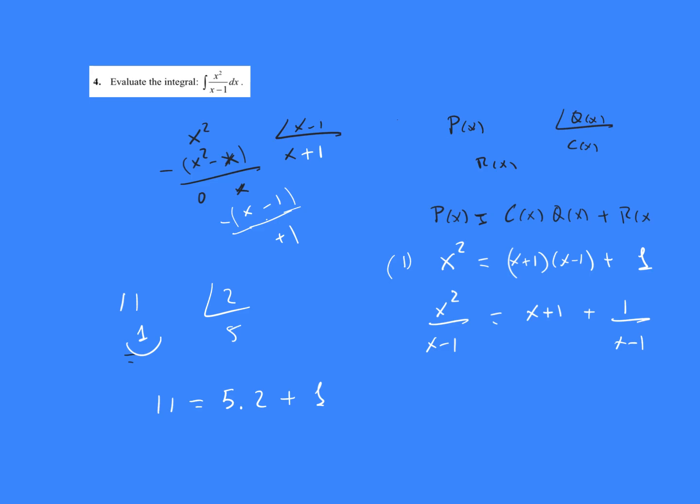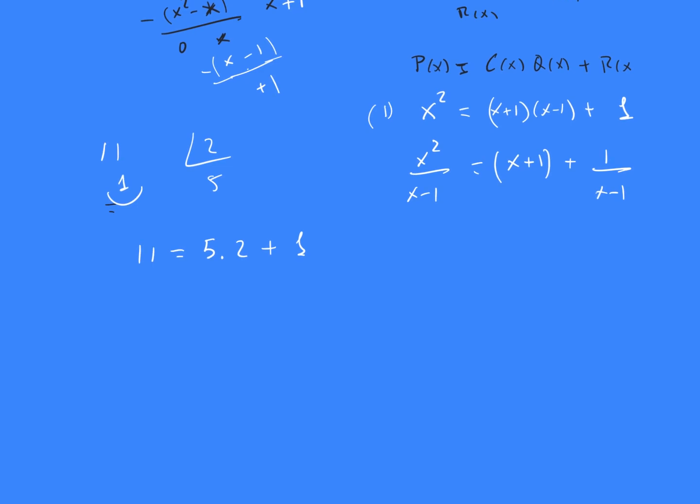And this is the equation that I have to integrate, because it will certainly be easier to integrate the right side than the left side. So let's do it. The integral of x squared divided by x minus 1 dx will be equal to the integral of x plus 1 plus the integral of 1 divided by x minus 1.